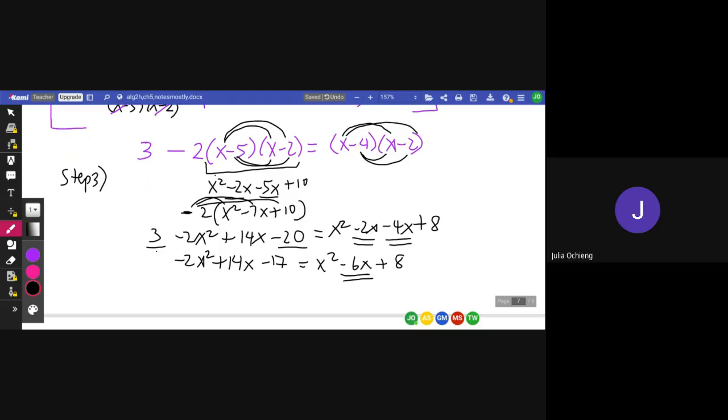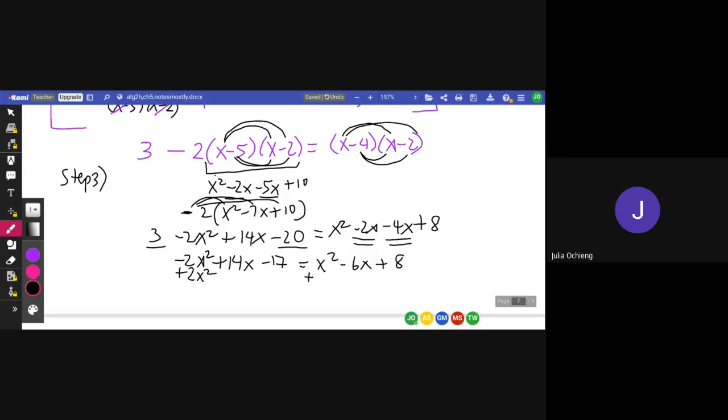All right, so now I need to move, because there's an x squared, guys, this is not a linear equation, so I can't do it like Algebra 1. I need to move everything to one side and set it equal to 0. So some of you will make the clever move and add 2x squared to both sides.